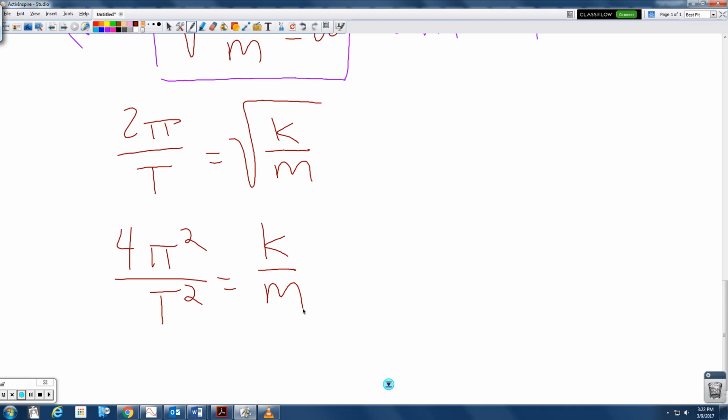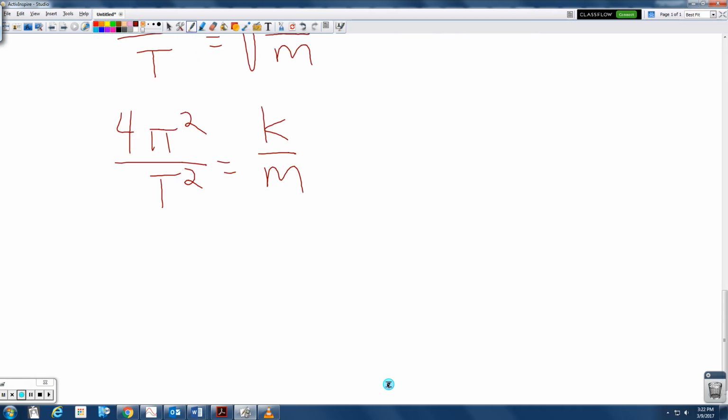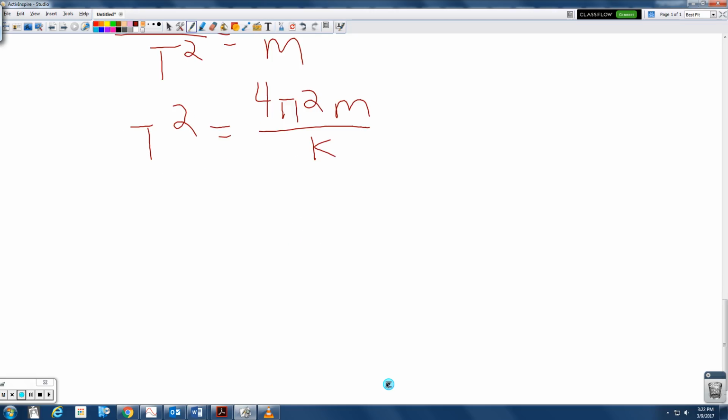Now let's solve for T. T squared equals 4 pi squared m over k. I can pretty it up a little bit. And then I'll take the square root.